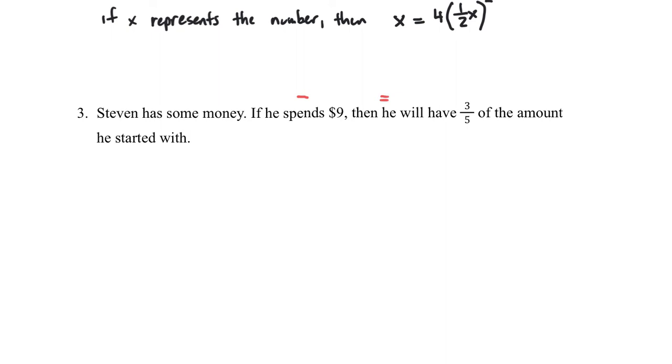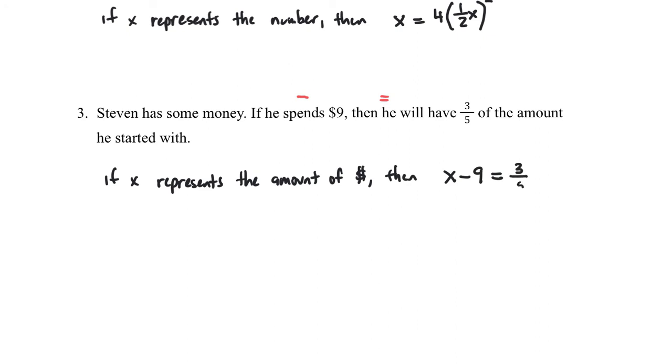So if x represents the amount of money, then you take his amount of money and he spends 9 of it, then he will have, so that will equal 3/5 of the amount he started with.